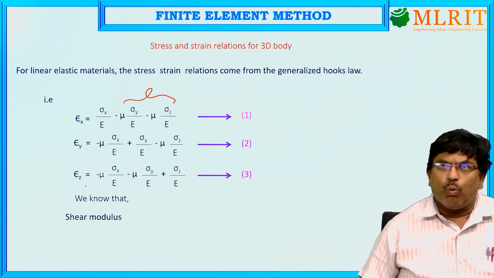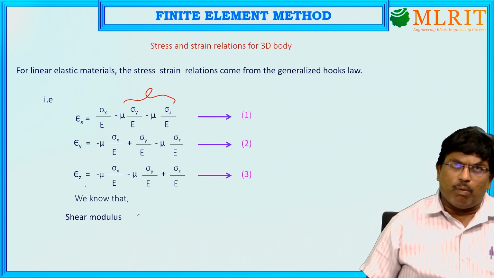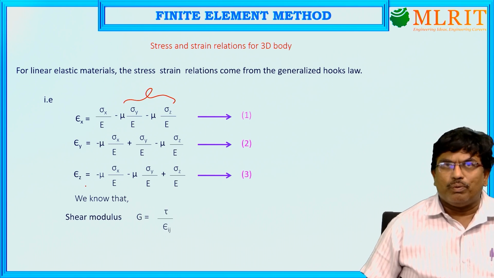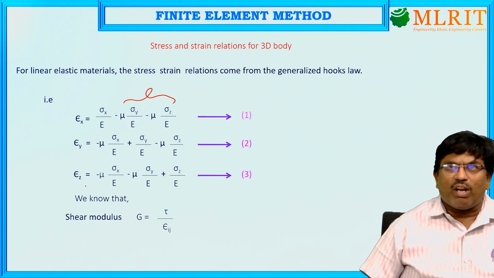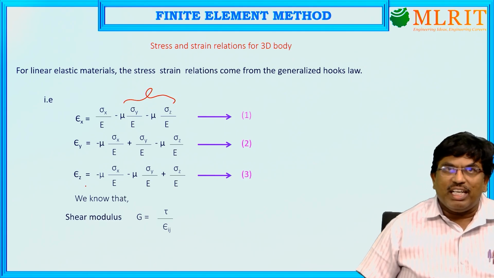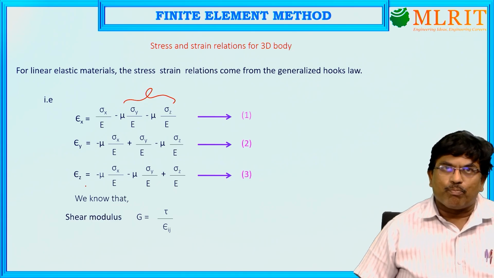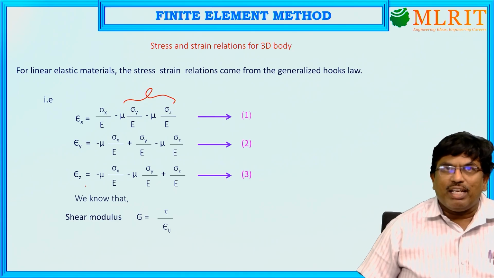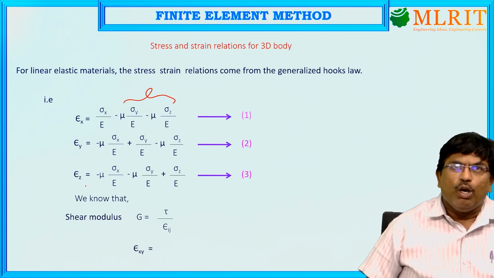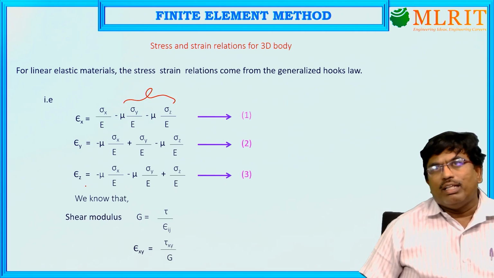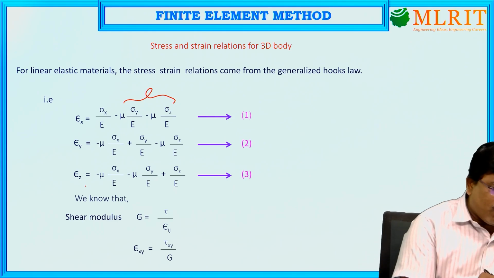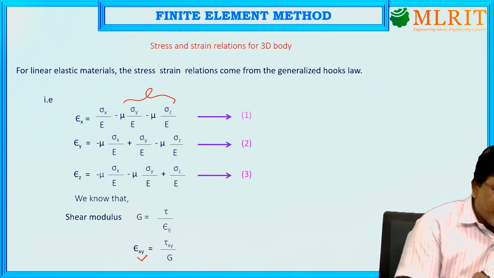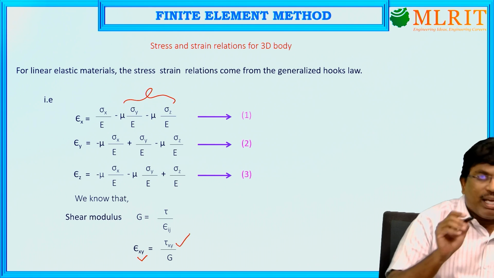Apart from this, we know that the shear modulus G equals tau by gamma. Here tau is the shear stress and gamma is the shear strain. G is the modulus of rigidity. So, the strain epsilon xy equals tau xy by G. Here you have to observe one thing: if we take the strain xy, the stress also we have to take as xy.